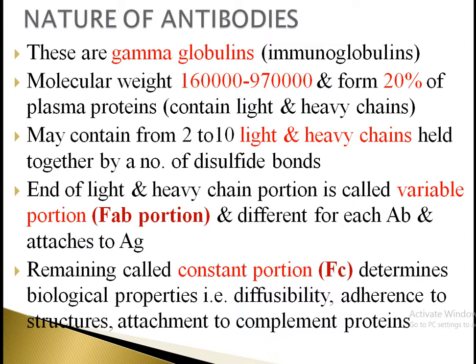At the end of the light and heavy chains, we have the variable portion, which is named the Fab portion. This is the portion which is different for each antibody and attaches to the antigen. It is different and specific for each specific antigen. As the antigen changes, this portion also changes accordingly.